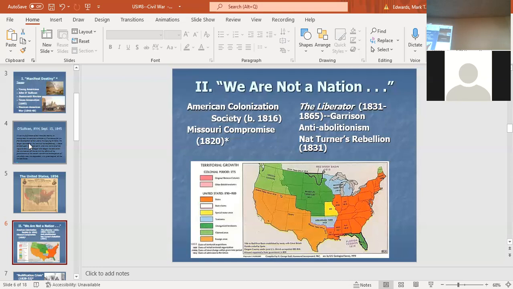And in the 19th century, as slavery begins to expand once again with cotton production, there arises in the North a radical abolition movement. Abolition means abolishing slavery.